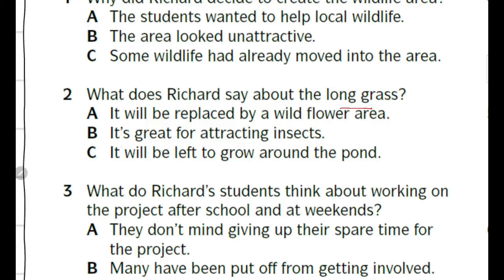Ataupun is it B, it is great for attracting insects. Bagus untuk menarik lebih banyak serangga. Ataupun is it C, it will be left to grow around the pond. Ianya akan dibiarkan untuk terus tumbuh di keliling kolam tersebut. So which one? Apa pendapat Richard tentang rumput panjang dalam petikan tu nanti?